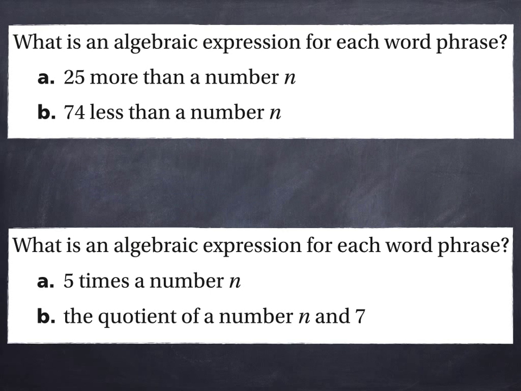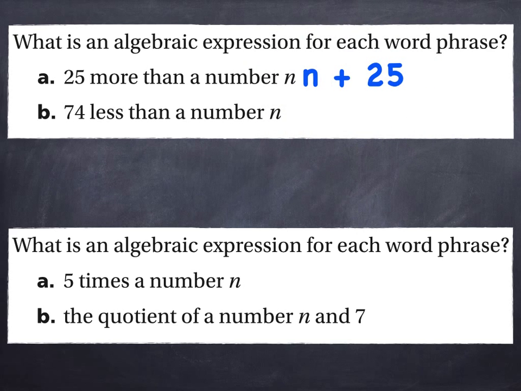Some examples. What is an algebraic expression for each word phrase? So A, we have 25 more than a number n. So more than indicates addition. This is one of the ones that I was just talking about on the previous slide. 25 more than a number, we're going to actually write the expression n plus 25.